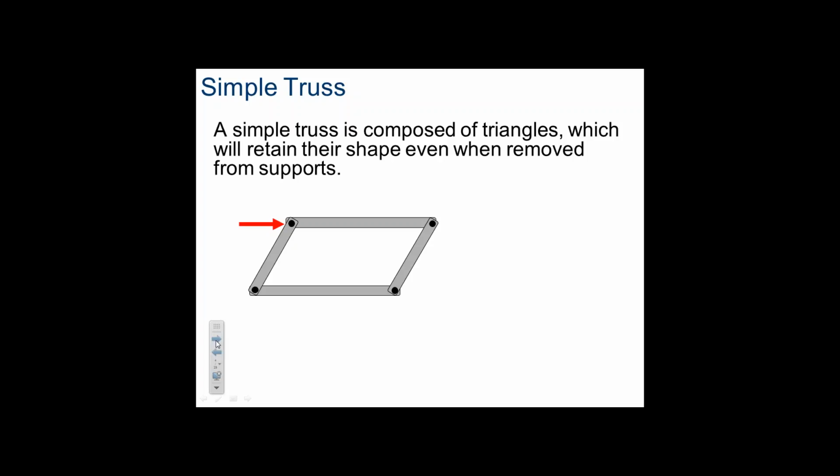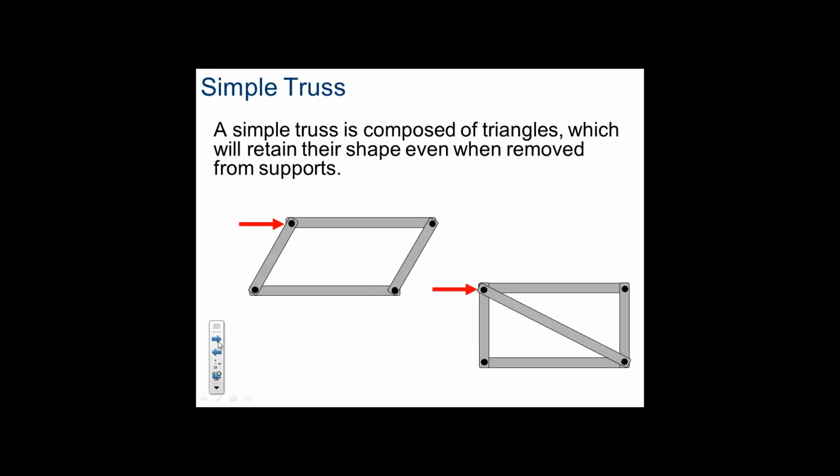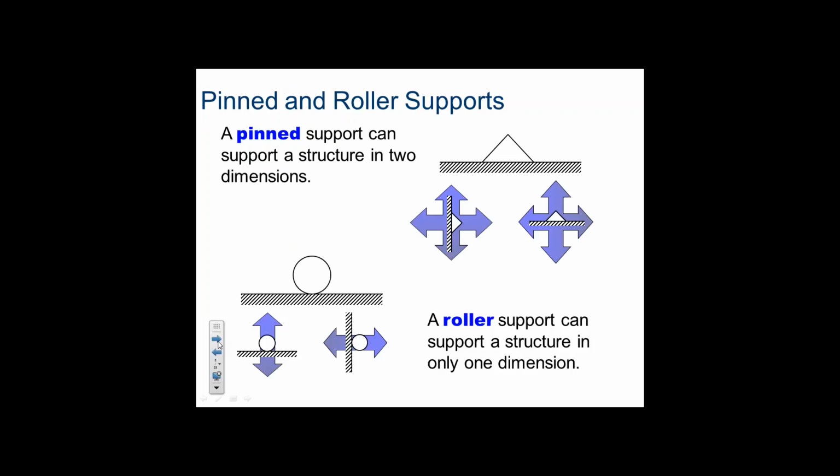A nice way to do this is if you take 4 straws and tie a string through them and make this shape, you can take that rectangle and weeble wobble it all over without bending any of the straws. If you take that same situation of the straws and make it into this shape, just run a Z shape through the middle, the only way that you can alter that shape is to break one of the members. So we talk about that.